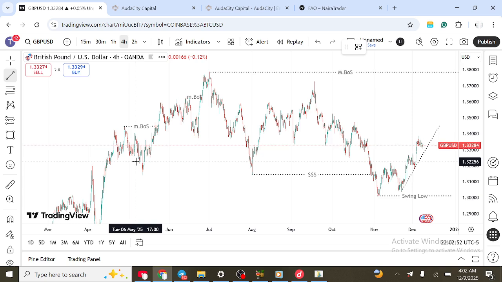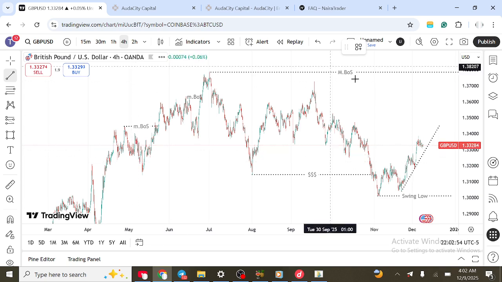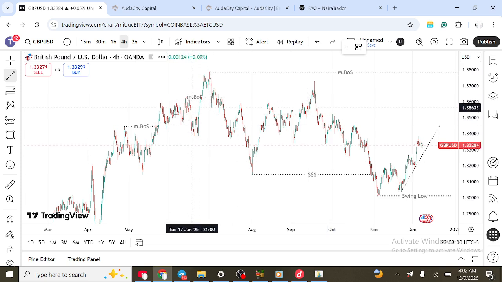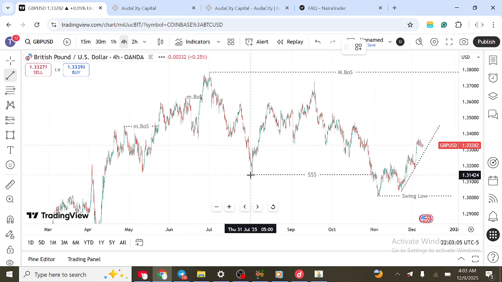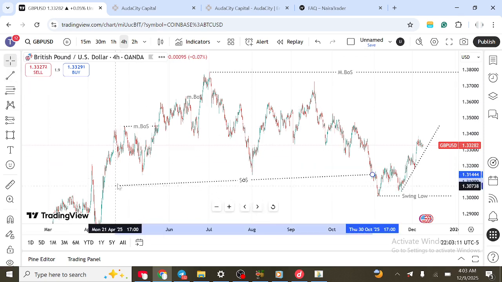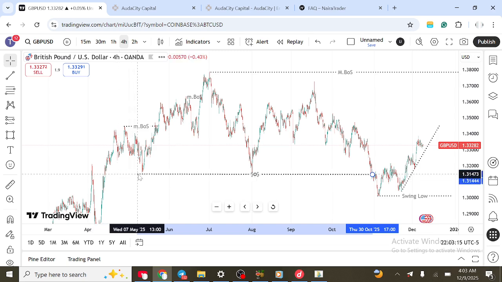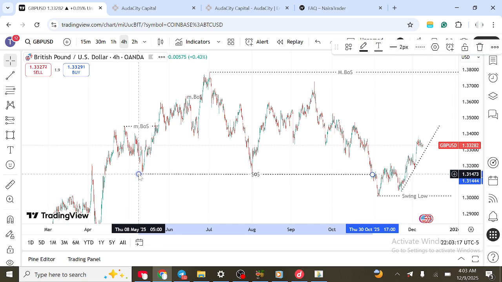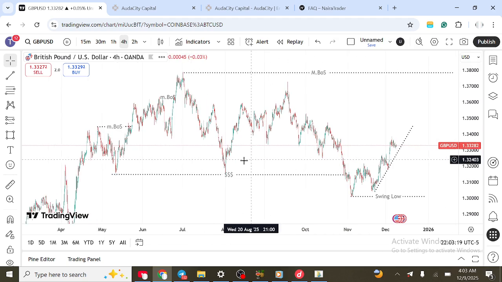Now if you look at it overall, we can actually call this our minor break of structure, while this is an extension of the liquidity sweep up to this level here. That's the liquidity sweep. This is where the liquidity sweep started from.